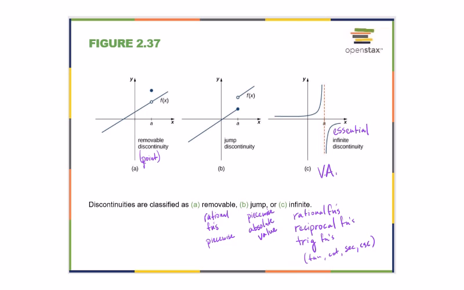All right. Now the one that we didn't talk about, and this is not very common, but we've talked about it before in our class, is an oscillating discontinuity. That's the one where we have f of x equals sine of 1 over x, and there's a similar function with a cosine.